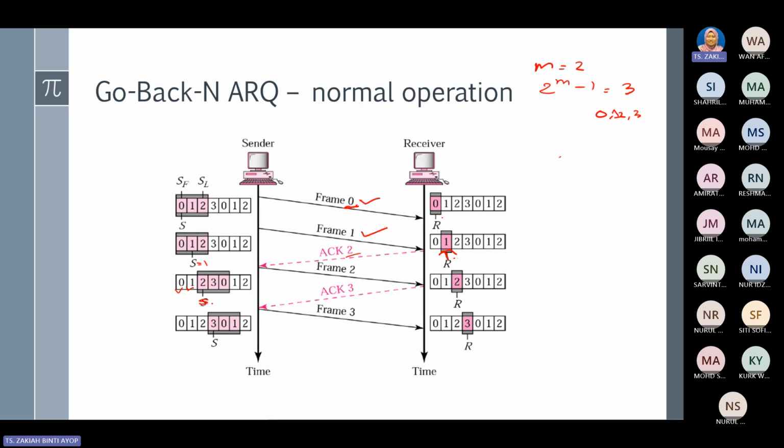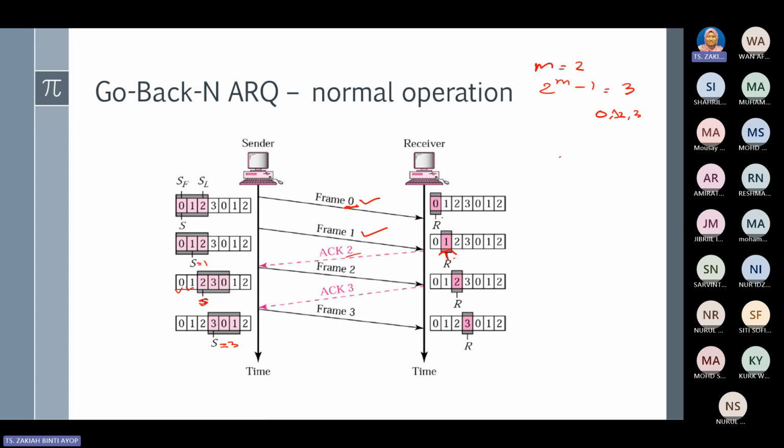Now S is on 2, and then it will send out frame 2. At this time, the receiver received 2, so it will send ACK3. When the sender receives acknowledgement 3, it would slide the window to frame 3 and send frame 3.